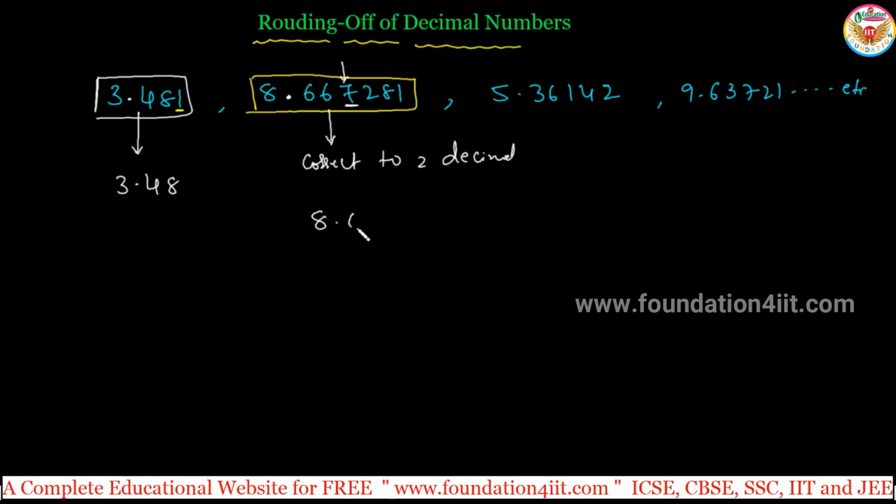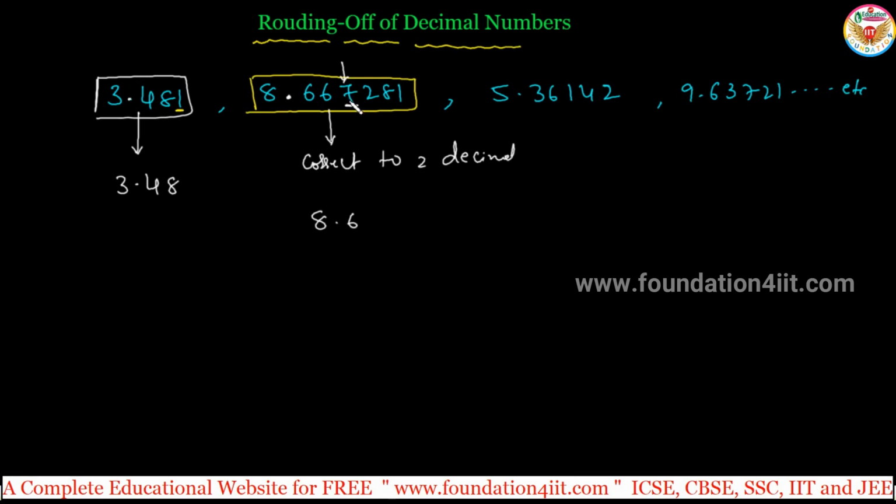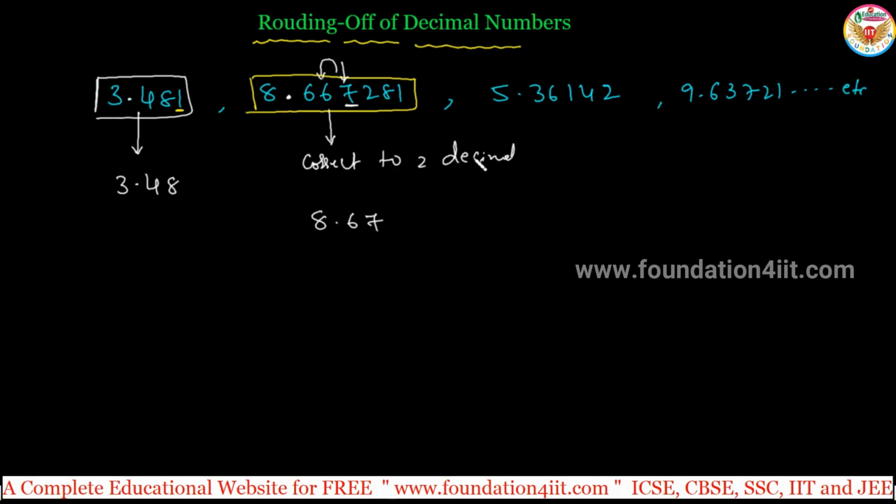So 8.6. If the third place is 5 or more than 5, even 5 also, like 5, 6, 7, 8, 9, now the previous digit should be increased by 1. So it becomes 7. So 8.667281 correct to two decimal places is 8.67.